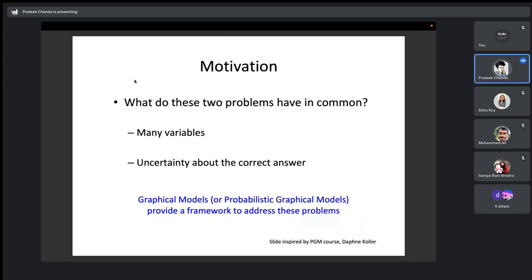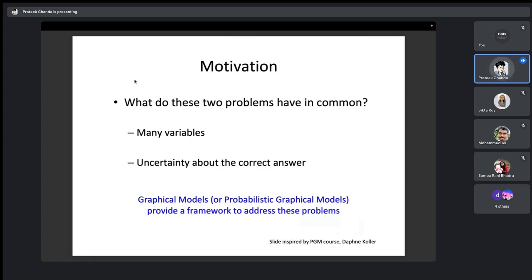You want to see how those variables are interconnected. Similarly, for image segmentation, the variables are the pixels; there are millions of pixels, so there are millions of variables, and you want to know how all those are interconnected.